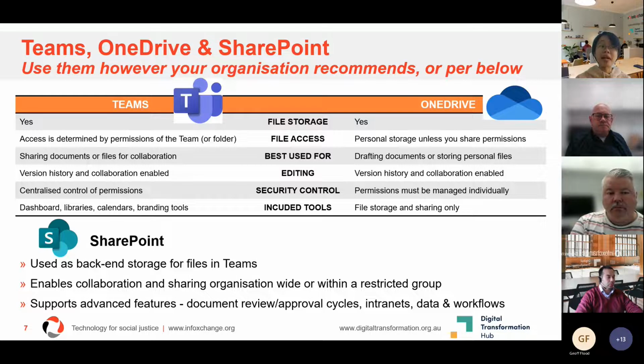However, OneDrive by default is only for the person who owns it, and only when that person decides to manually share the files or folder with other people can those people access files in OneDrive. Teams is best used for sharing documents or files for collaboration. However, OneDrive is best used for drafting documents or storing personal files.